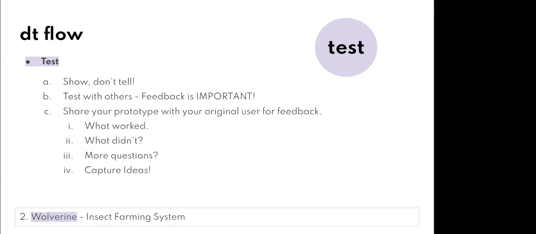And also, do they have any further ideas? Now, those last two, again, important. I think this whole process is important, but it just becomes more important, because numbers 3 and 4, more questions and capture ideas. Those questions that those people have that you're testing with, those questions will tell you a bit more about what the user wants and needs.